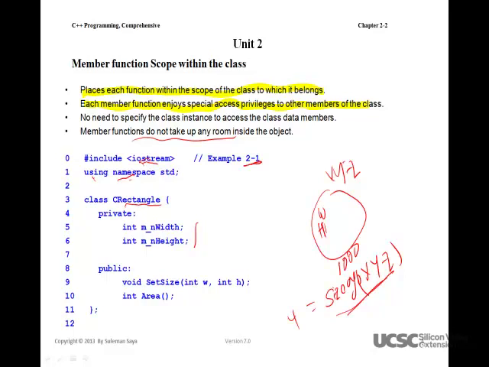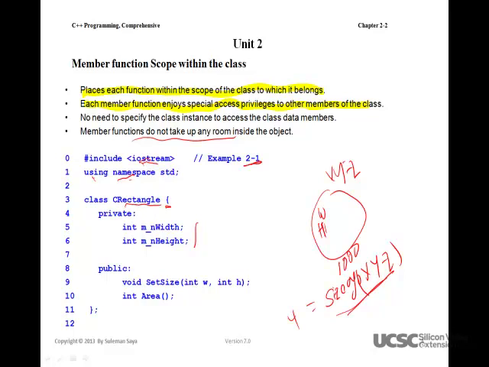At line number 3, I am starting the declaration of a class called CRectangle. This is the start of the class, the left curly brace. At line number 4, I say which class members are going to be protected, meaning hidden from the outside world, by putting them under the private section.